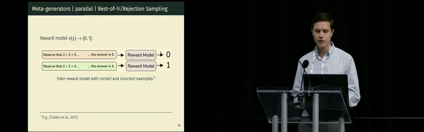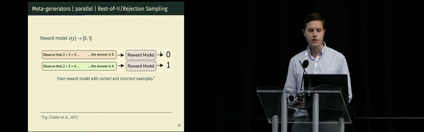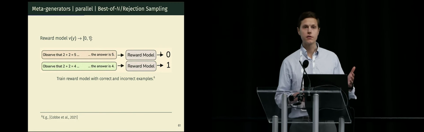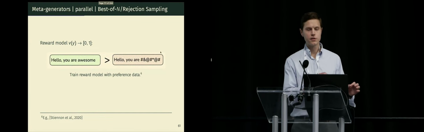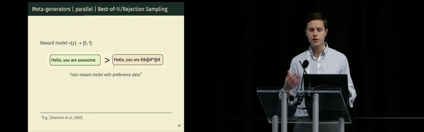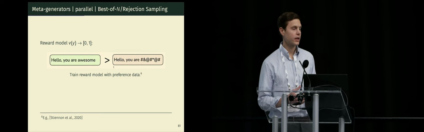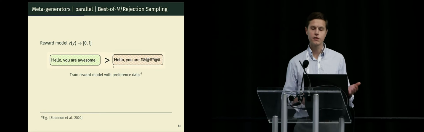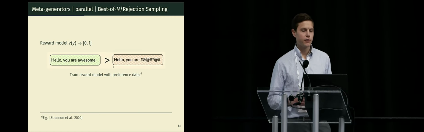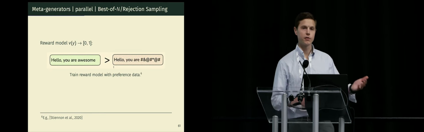So let me just give you some flavor of how you would train one of these reward models. Let's say you're solving these math problems. What you can do is generate a bunch of solutions, save the ones that have the correct answer and the ones that have the incorrect answer, and then you essentially just train a classifier to classify whether a given output is correct or not. Sometimes you only have this preference-based data, so you only know that one sequence is preferred over the other.